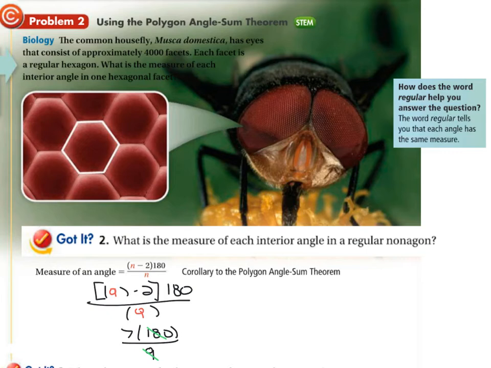Nice and neat, right? You get a 1 on the bottom and you get a 20 on top, because 180 divided by 9 is 20. And then all you get is 7 times 20, which is 140, so it equals 140 degrees in each angle. That's your answer.